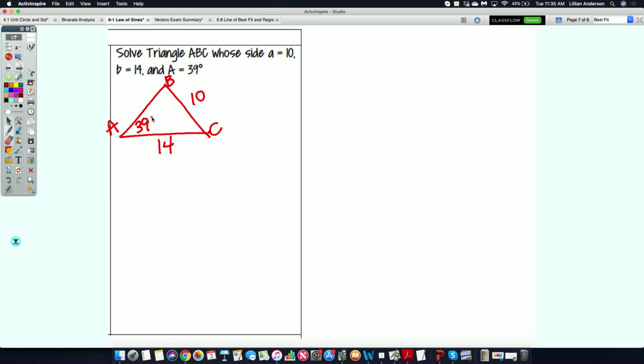Now, one giveaway that lets me know that I'm going to have two triangles is that the side opposite of the angle given to me is smaller than the other side. So you see how 10 is smaller than 14? Whenever I see something like that, I'm more than likely 99% sure I'm going to have two triangles, which means I have to check for the ambiguous case.